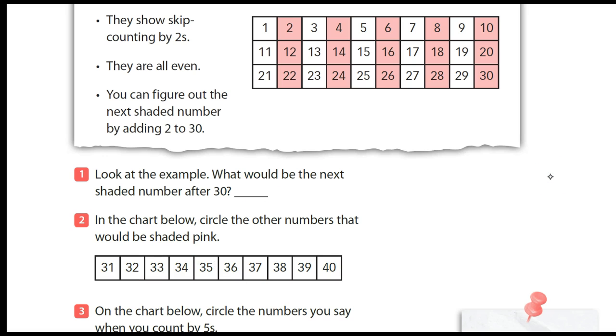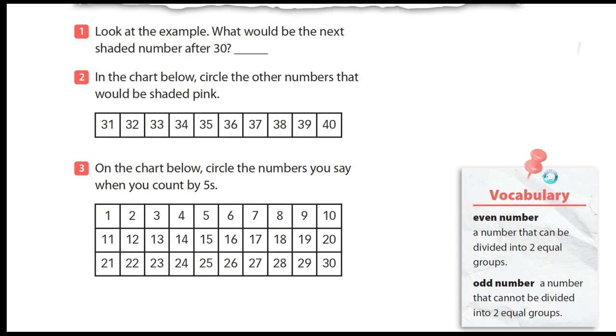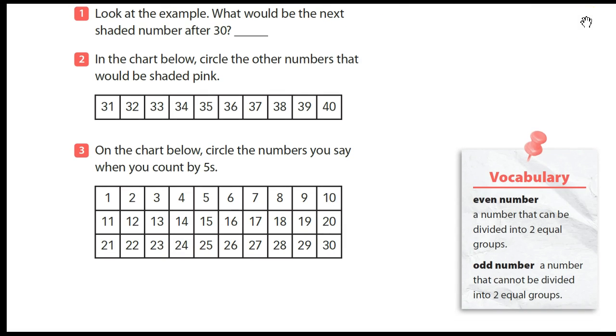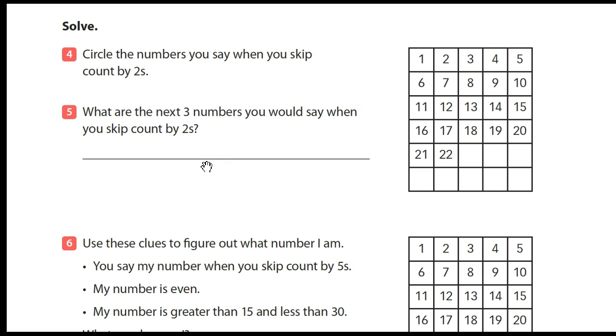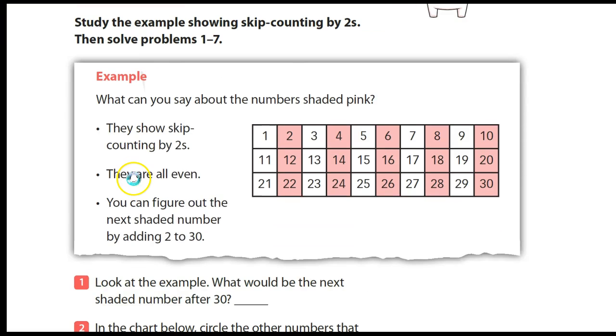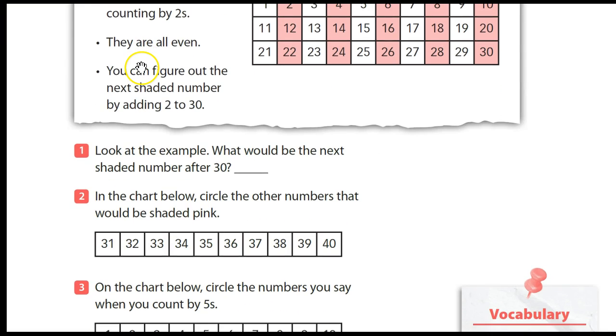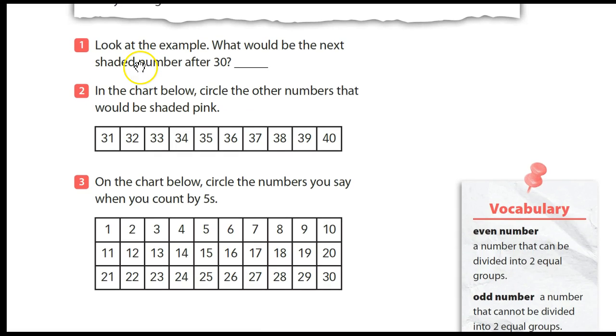Okay. So let's look at number 3. It says on the charts below, circle the numbers you would say when you count by 5's. What would I do? Let's go back to the, sorry about that. 5, you're right.